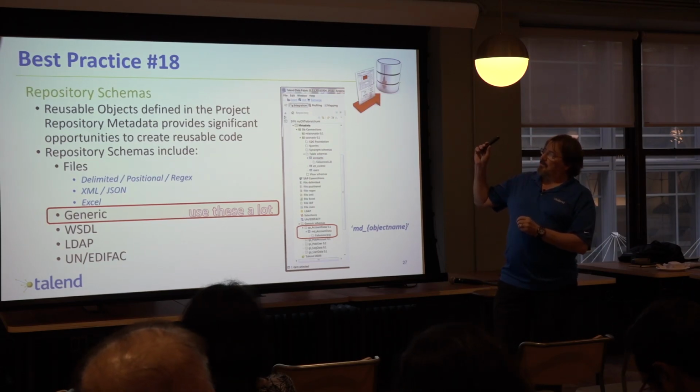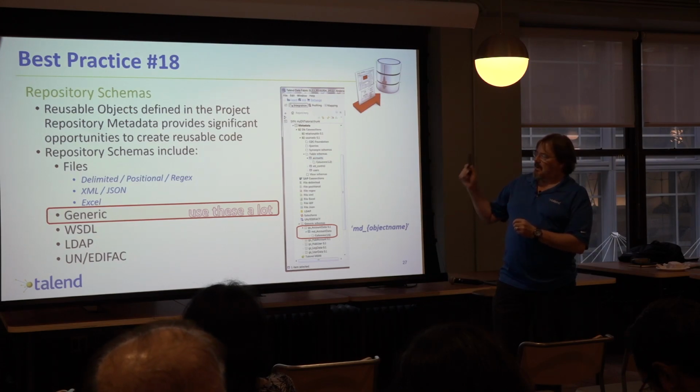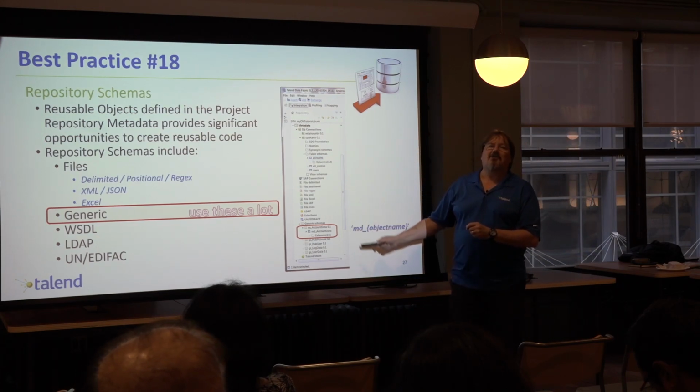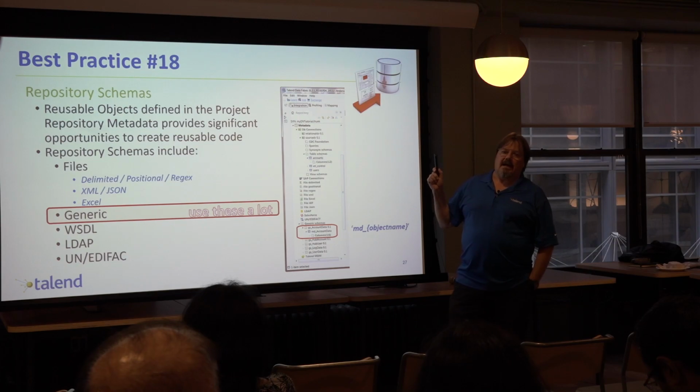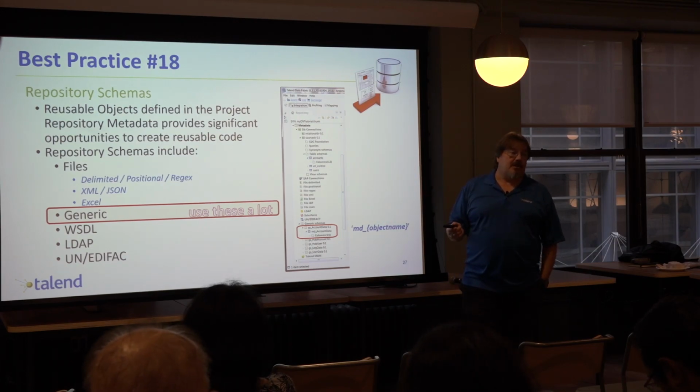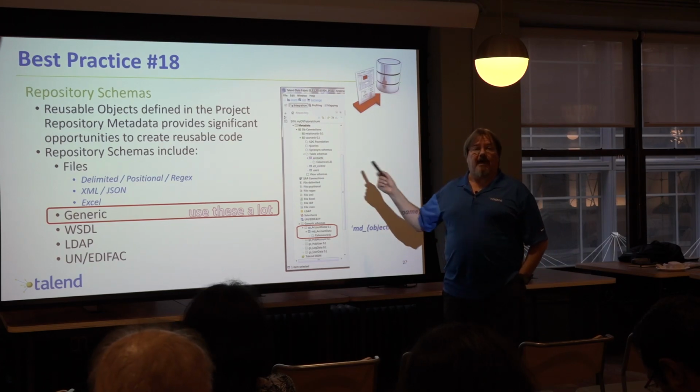Okay? So within the repository schema, I strongly encourage you to use the metadata section. A lot of times I'll open up customer jobs and I don't see anything here. And that means you're not getting the power and the value of that capability.